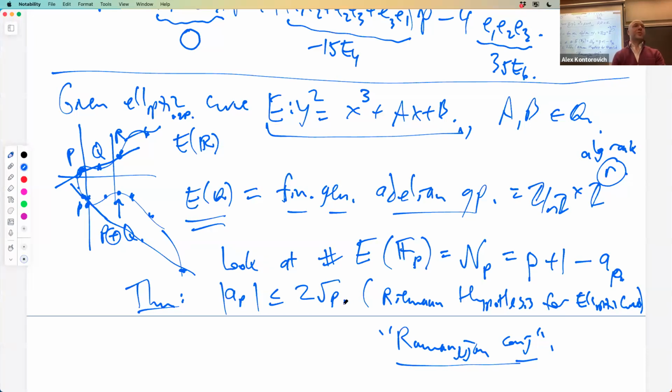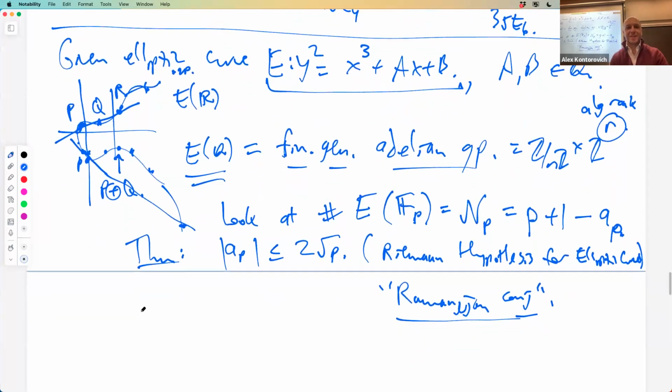And this statement was proved long before people understood what it meant in this more general scheme. So Taniyama, Shimura, and Weil. So this is the Shimura-Taniyama-Weil conjecture.